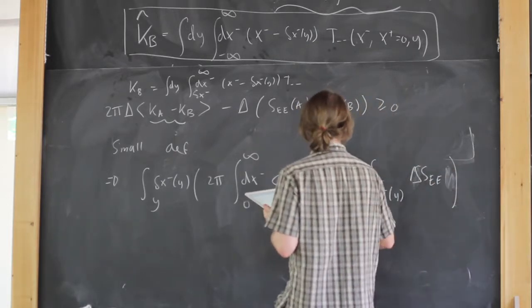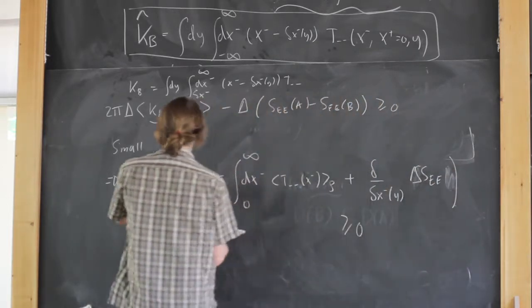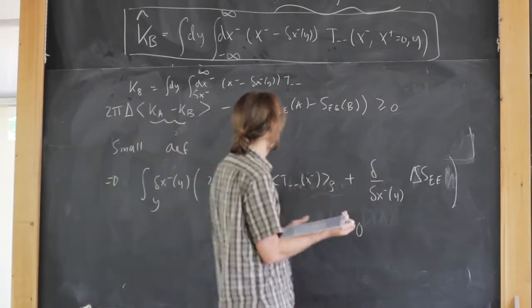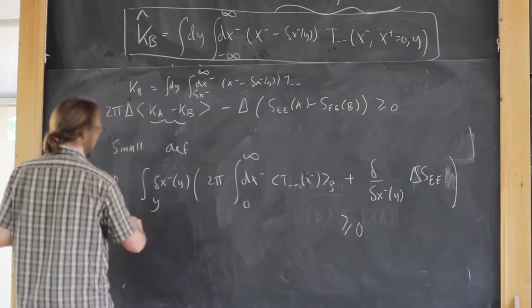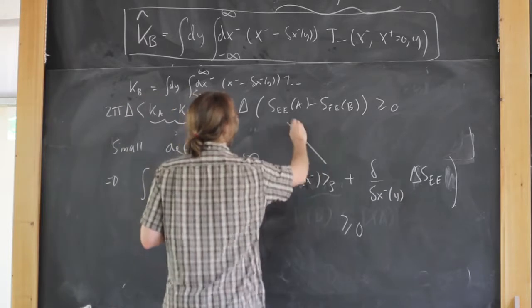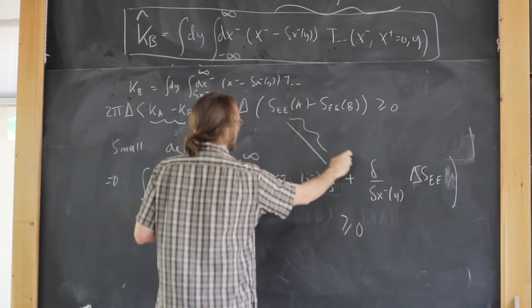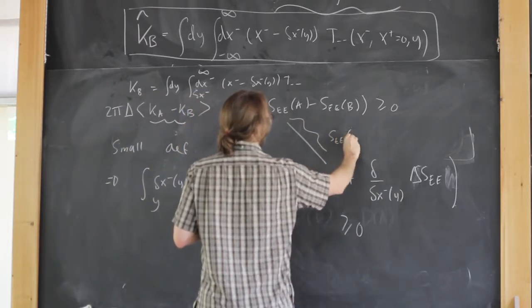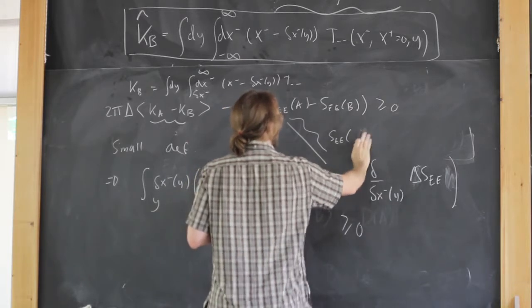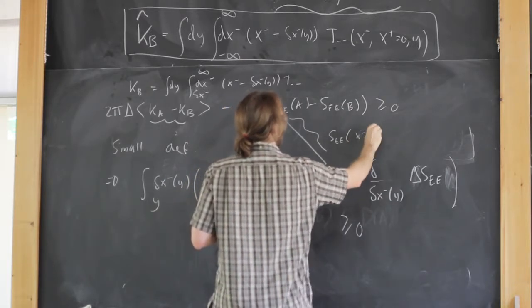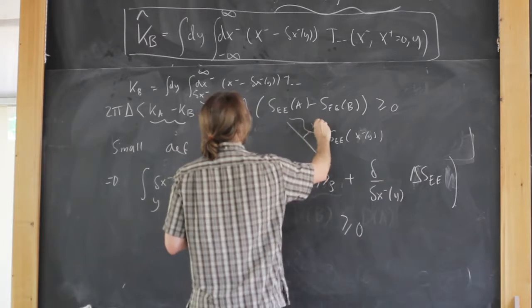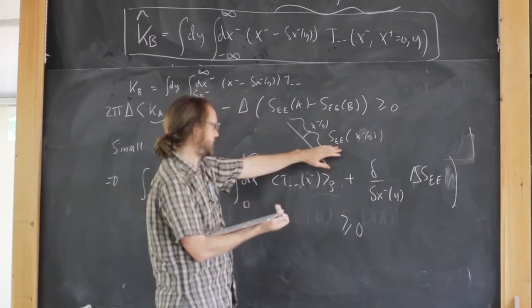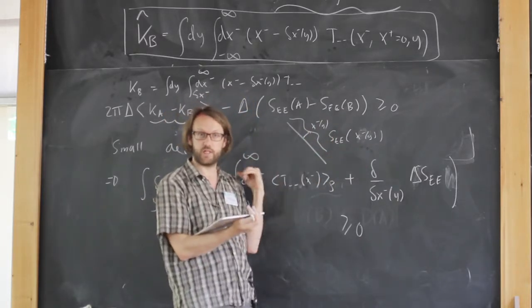So this should be bigger than 0. I'm including functional derivatives because I'm imagining doing a small deformation, and thinking of the entropy as a function of this deformation. So to expand this, I should take a functional derivative and integrate.